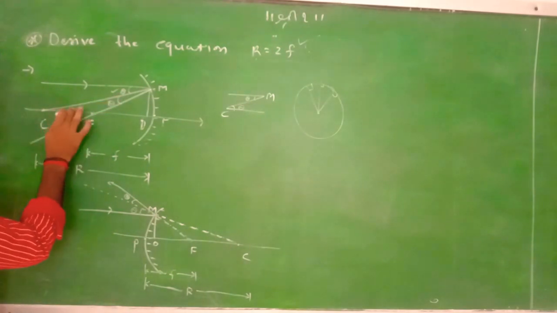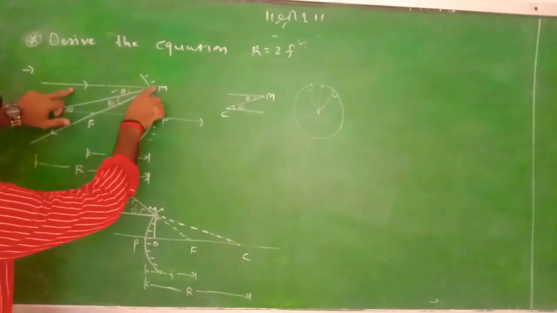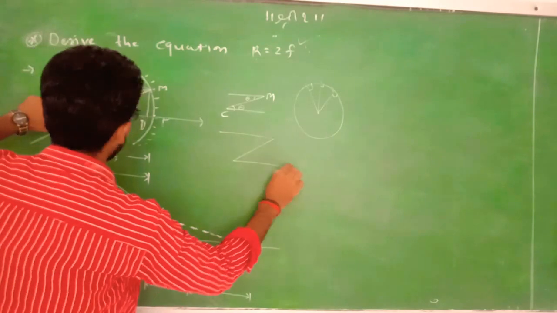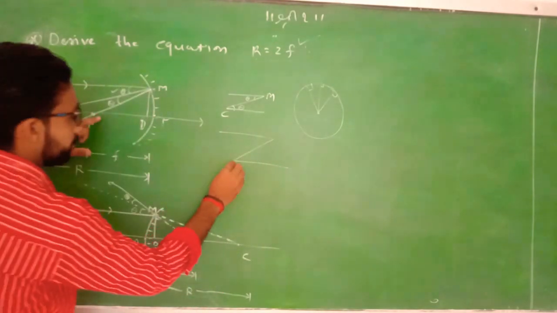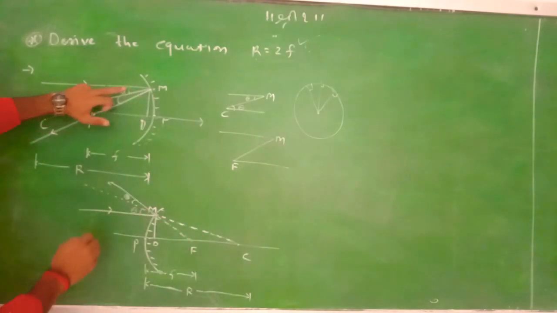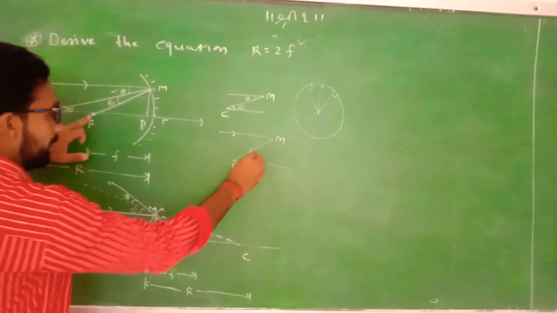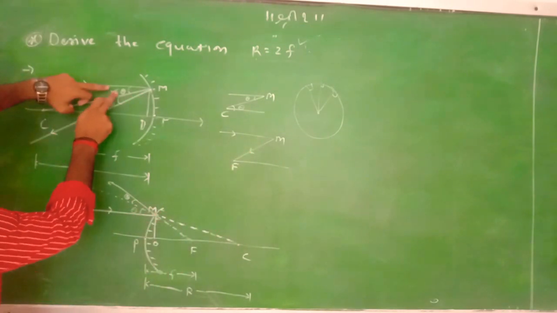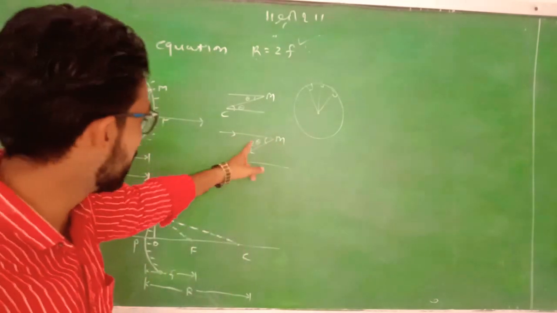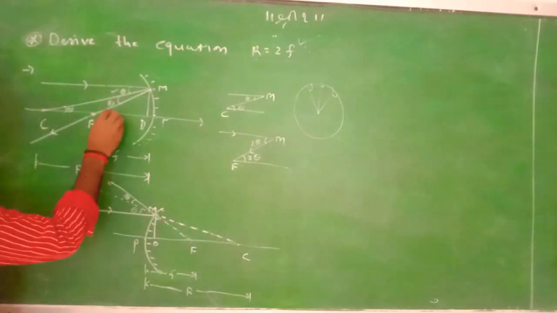Similarly, this one is F, this one is F, M. You can see this incident ray and this reflected ray. The angle between these two rays is theta plus theta, that is 2 theta, and these form alternating angles. So this angle is also 2 theta.